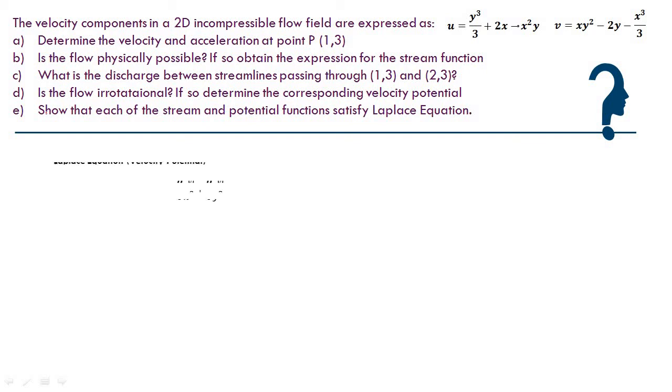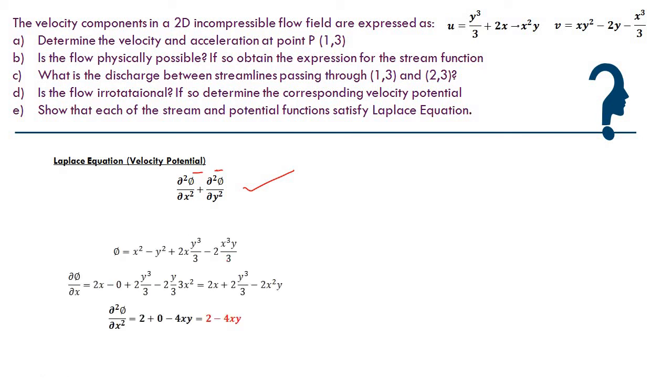Dou square phi by dou x square plus dou square phi by dou y square equal to 0, that is the Laplace equation. We should prove that the velocity potential function phi satisfies the Laplace equation. So what is phi? In the previous slide we arrived at phi equal to x square minus y square plus 2x y cube by 3 minus 2x cube y by 3.